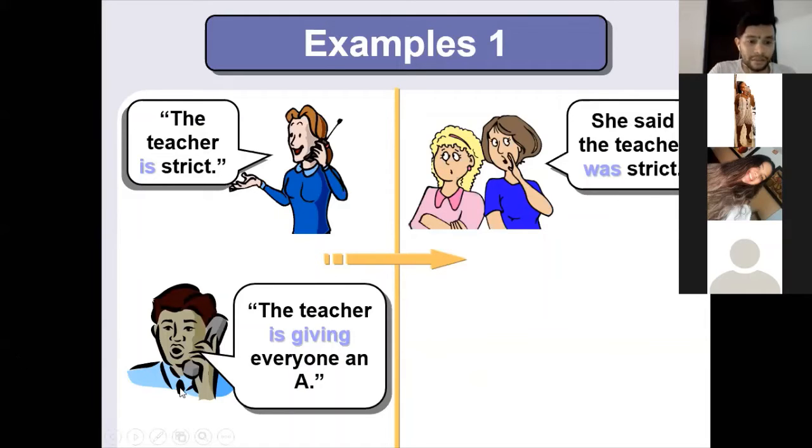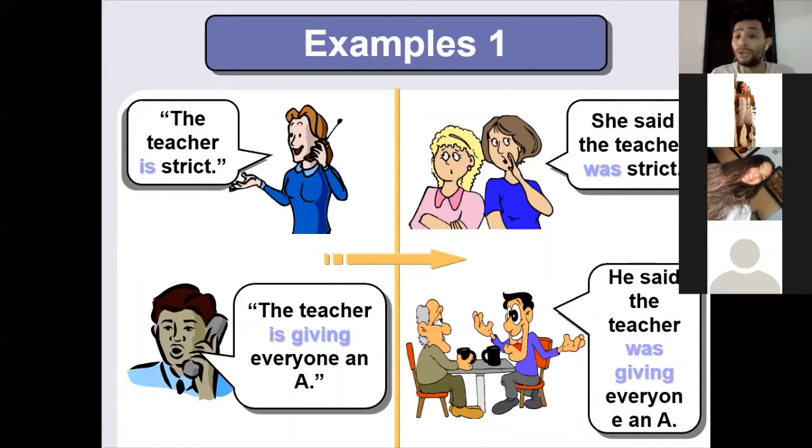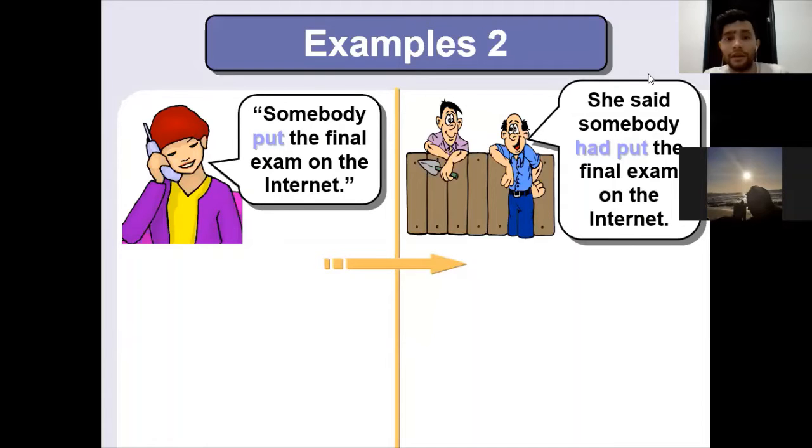En este caso. He said the teacher was giving everyone an A. Great. The direct speech or the real information was in the present continuous, and the reported speech in the past continuous, guys. All right, let's go to the next exercise.